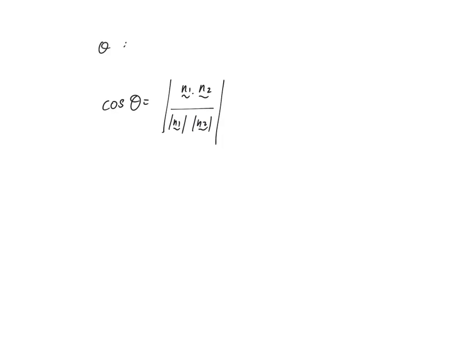Remember that theta is the acute angle between the two planes. Maybe I just call it plane 1, where r dot n1 is equal to d1, and plane 2, where r dot n2 is equal to d2.